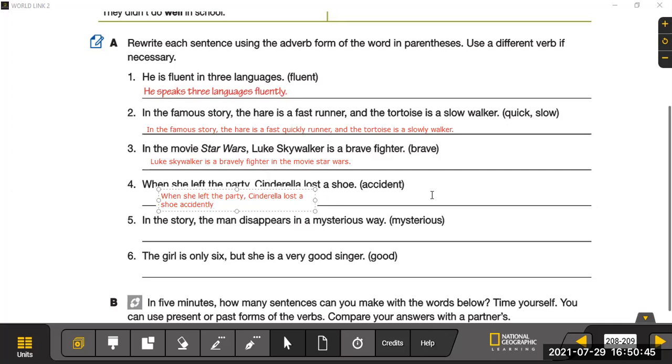Who can tell me the next, number five? Frazy, can you tell me number five? Okay. Esmeralda, can you tell me number five? Give me a second.